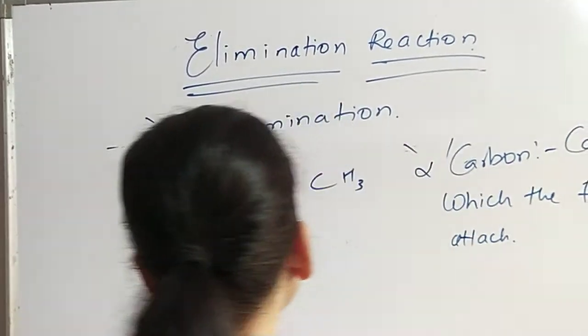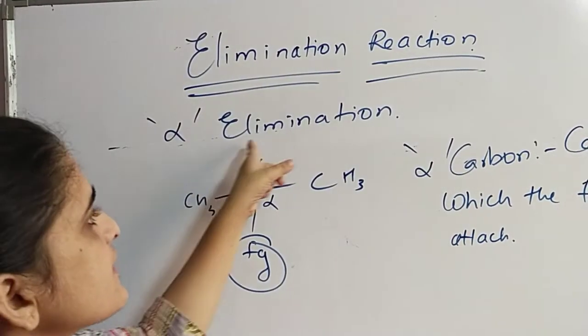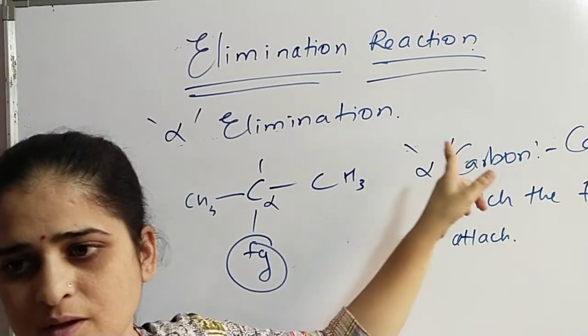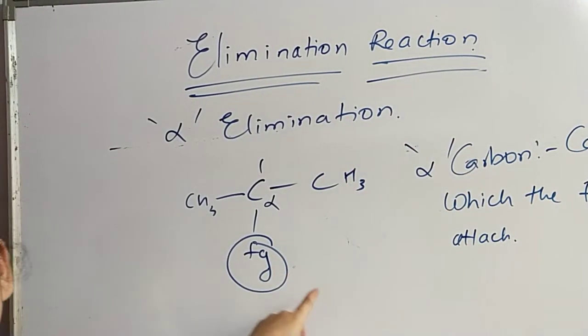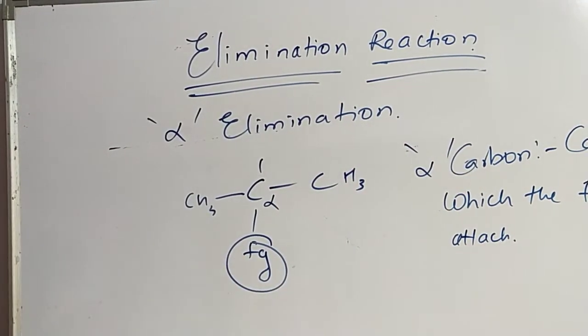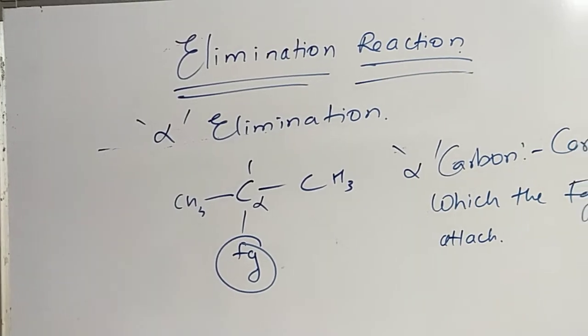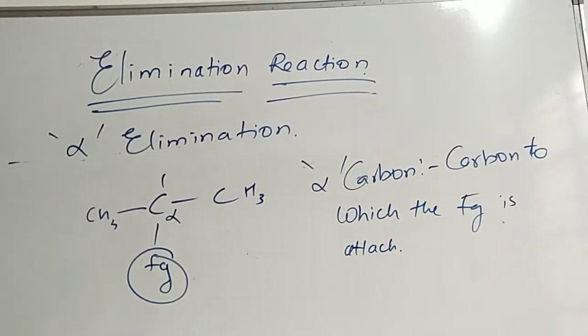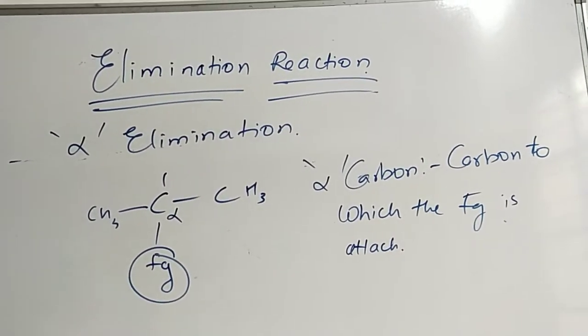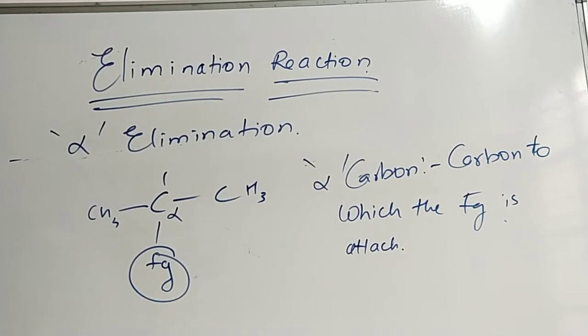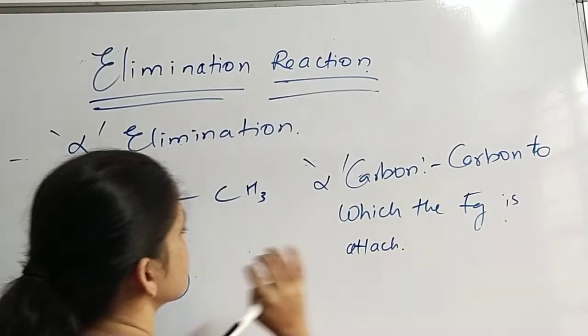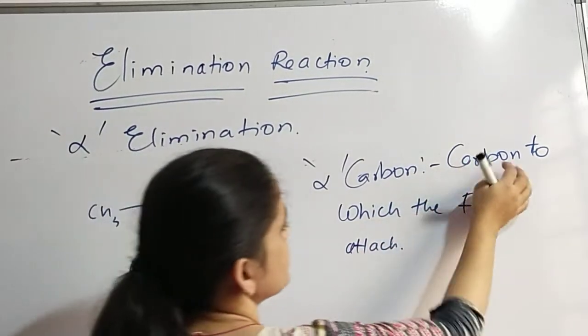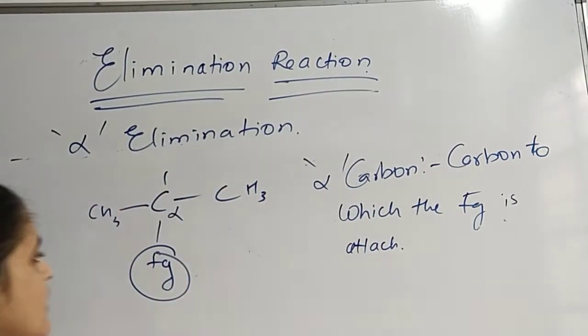If I am saying that it is an alpha elimination reaction, it means that the atom is actually attached to the alpha carbon. So the carbon to which the functional group is attached is called the alpha carbon.